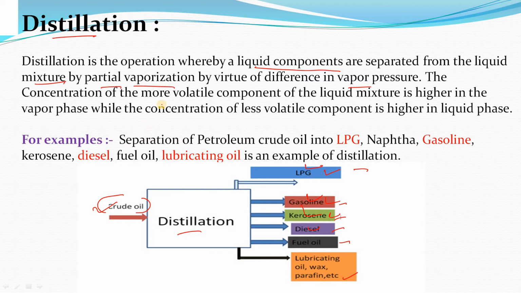So the concentration of the more volatile component of the liquid mixture is higher in the vapor phase, while the concentration of the less volatile component is higher in the liquid phase. What does that mean?